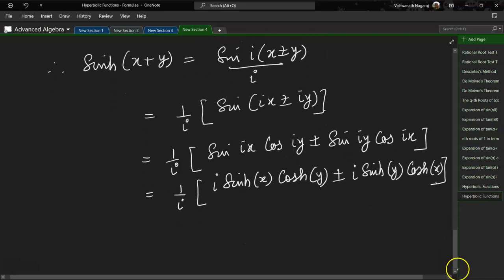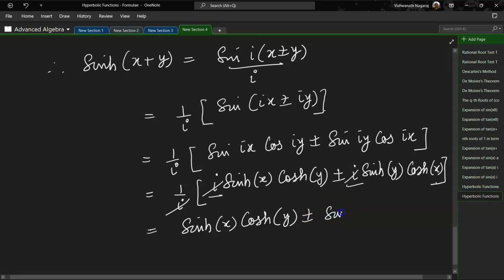Now here if you notice, we have an i here, we have an i here. We can take it out common, in which case this with the denominator will get cancelled out. We will be left with hyperbolic sine of x hyperbolic cos of y plus or minus hyperbolic sine of y hyperbolic cos of x, which is the right hand side.